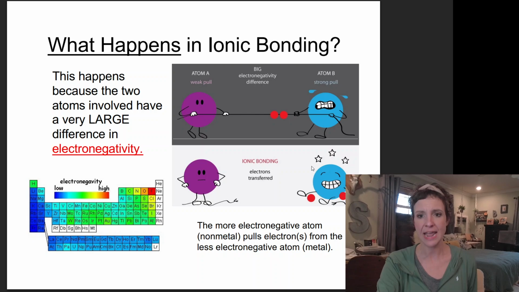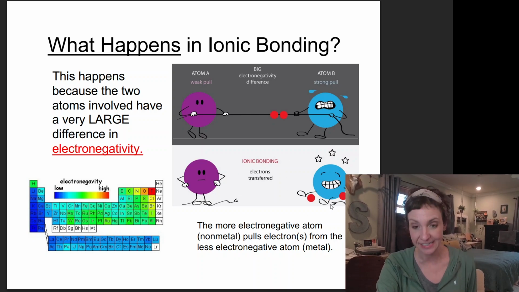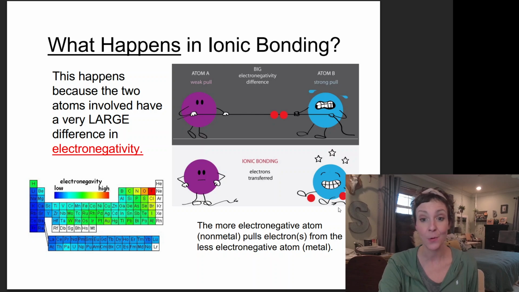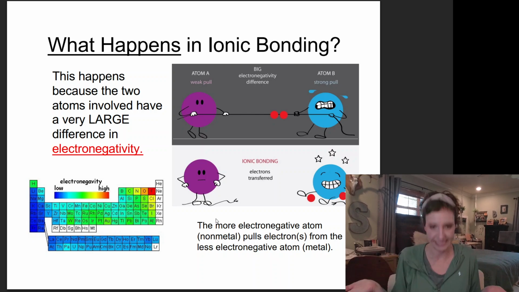But if one atom, that non-metal with high electronegativity, wants those electrons so much more, it is going to completely steal those electrons from the less electronegative metal atom. So the more electronegative atom pulls the electrons from the less electronegative atom. That is what creates a transfer.